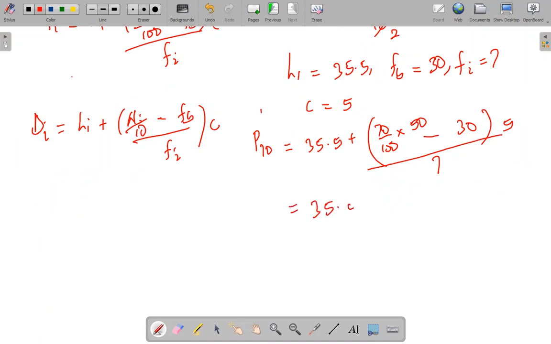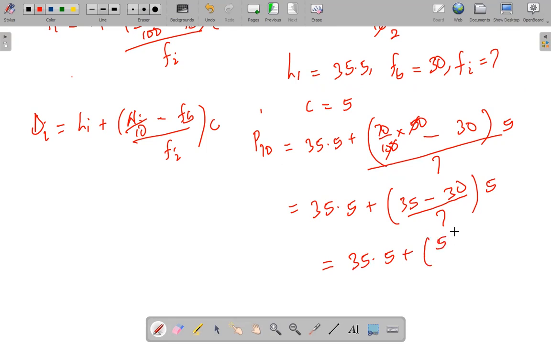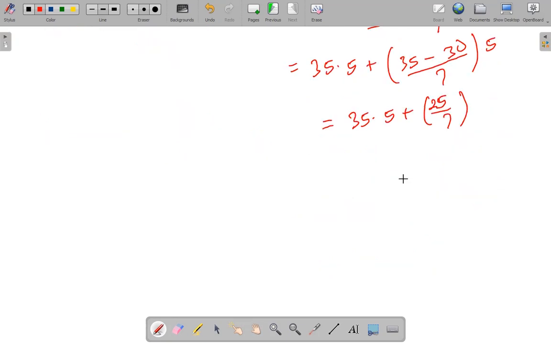35.5 plus, remember this one gives us 35, then 35 minus 30 divided by 7 times 5, which is 35.5 plus 5. That is 35 minus 30 is 5, and 5 times 5 is 25, so 25 over 7. 25 divided by 7 is 3.6.